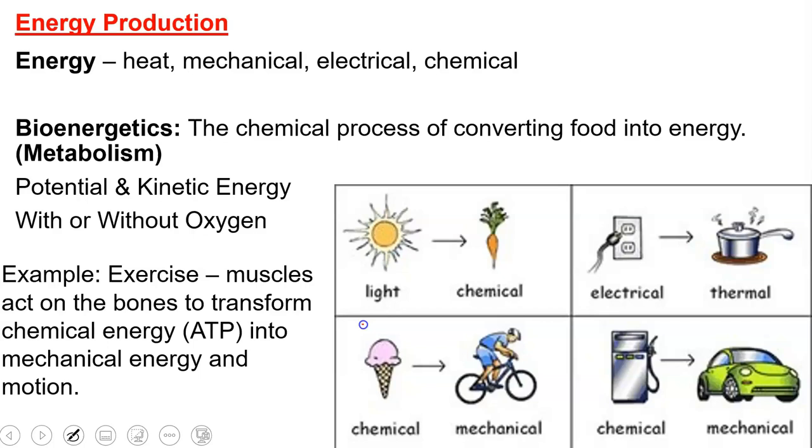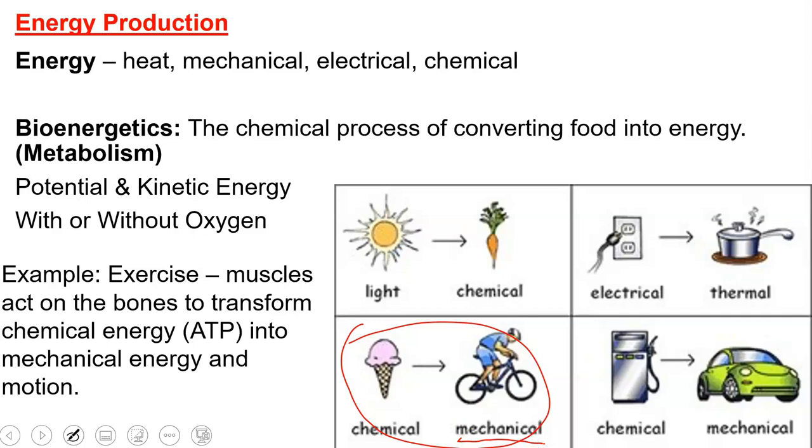Like we see here in this bottom picture, the chemical energy that exists within the macromolecules that we eat, we can break down and use to generate ATP, and our bodies convert it into mechanical energy by being able to move our muscles.